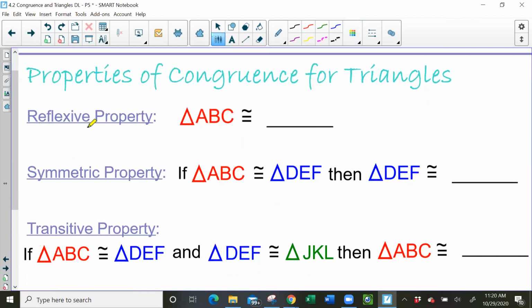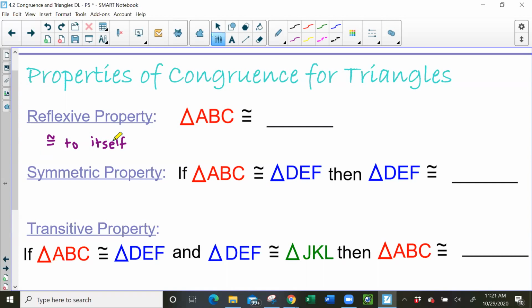When I think of reflexive, I think of a reflection when I'm looking at myself in the mirror. That means it's congruent to itself. So think of looking at them in a mirror and you see yourself back, right?